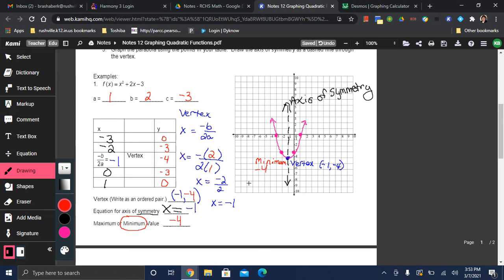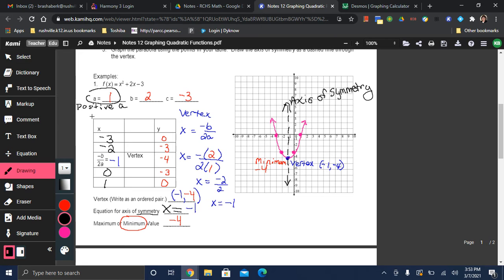That is not an equation. You'll just have the y value of the vertex. So I mentioned that this graph opens up. You can know that ahead of time if your a value is positive.